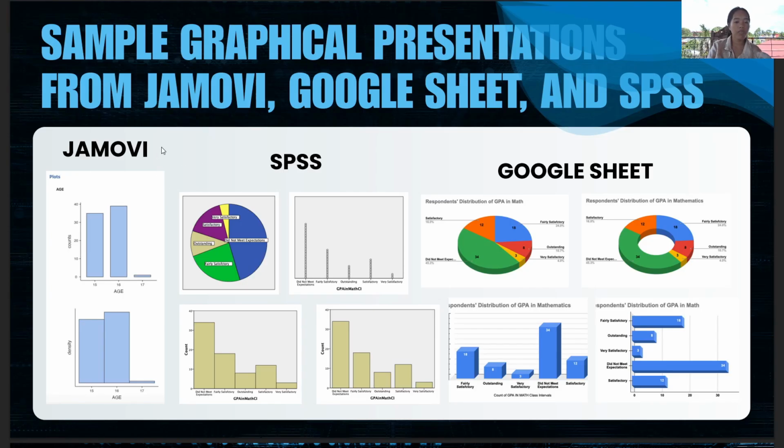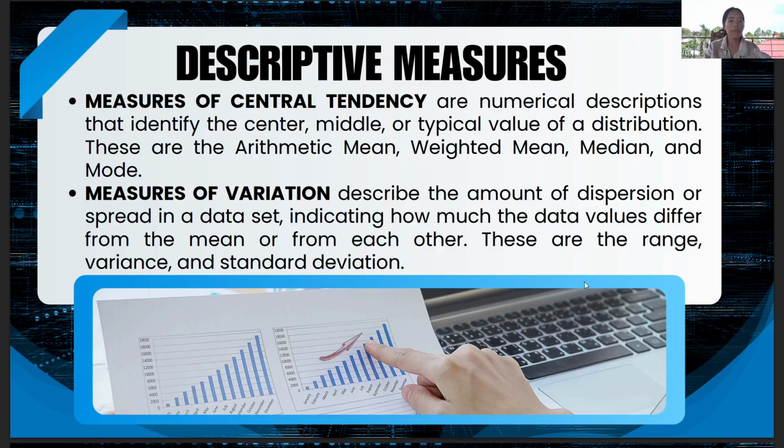First, we have Jamovi, which looks quite simple, and we have the SPSS, which also looks like a simple one. What I like more is the Google Sheets because it is more like 3D, which is really good as a visual representation of data. Now let's go down to descriptive measures.